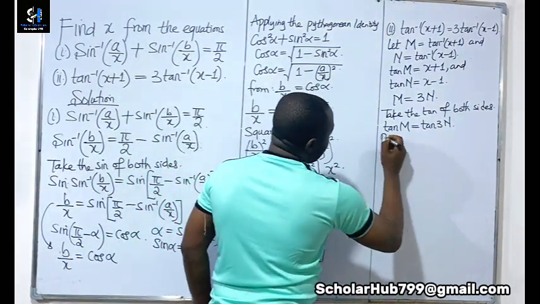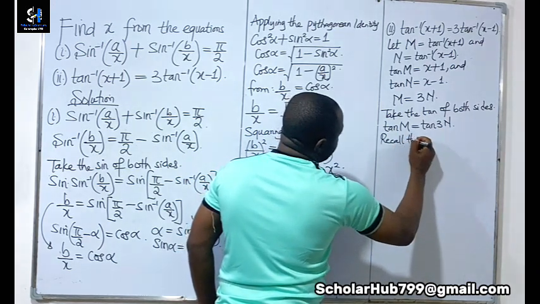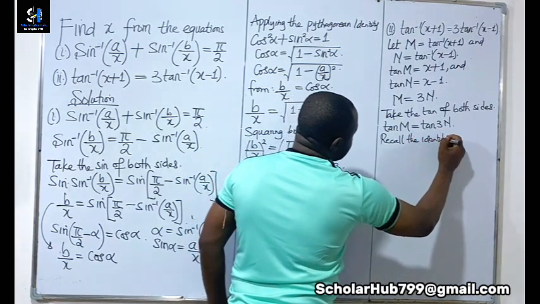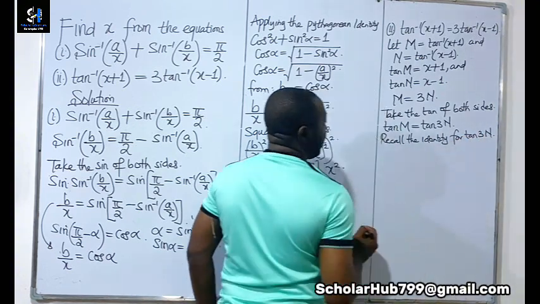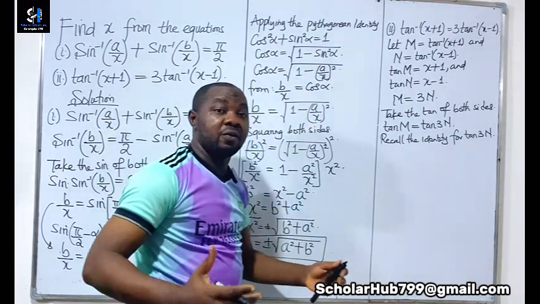So now let's recall the identity for tan 3n, that is the triple angle formula for tangent.